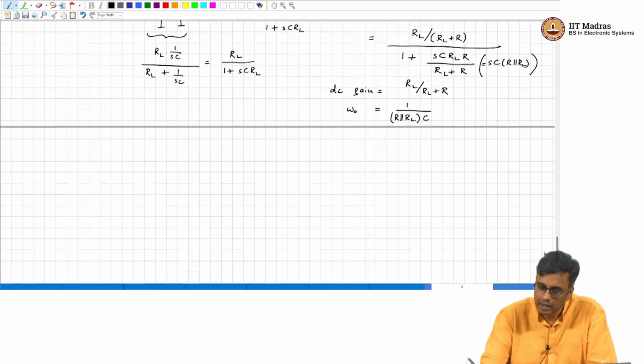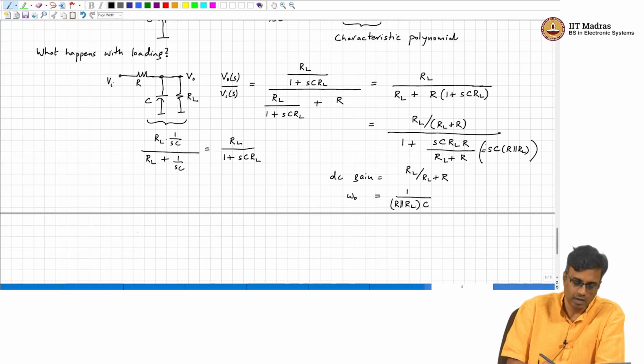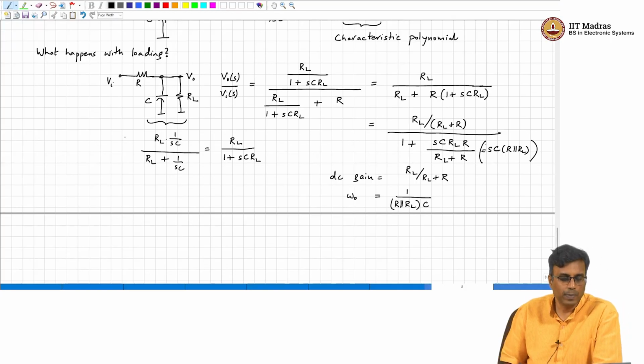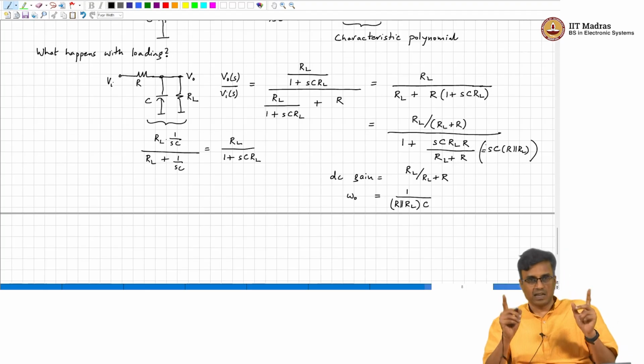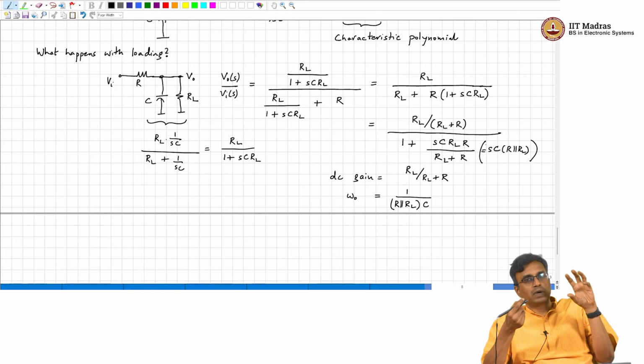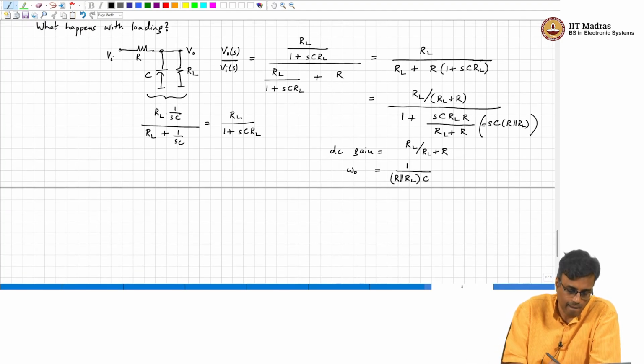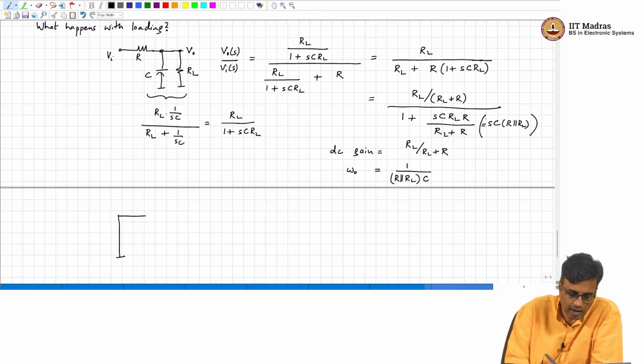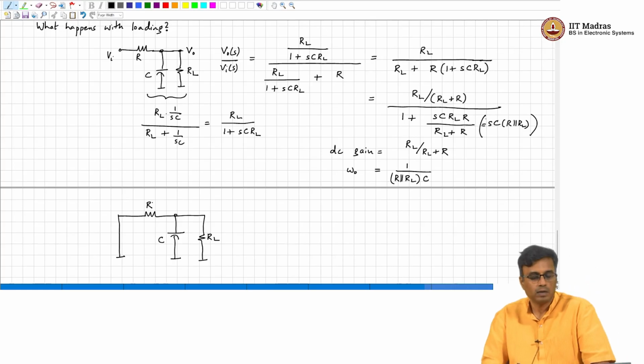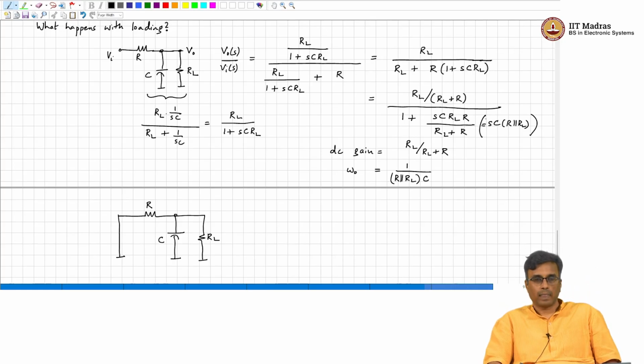If I de-energize the input, that means all the voltage sources become 0 and all the current sources become open circuit, then the characteristic polynomial of this network is the same as the characteristic polynomial of the other network, correct.